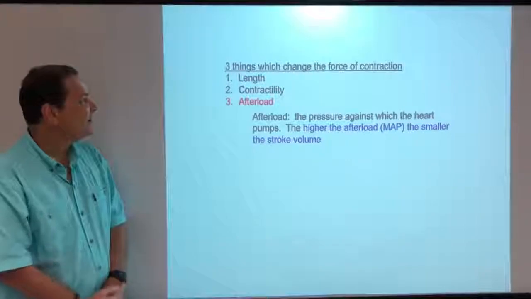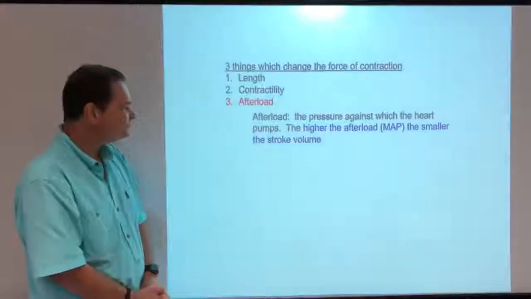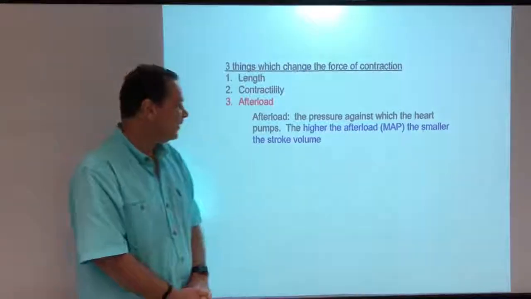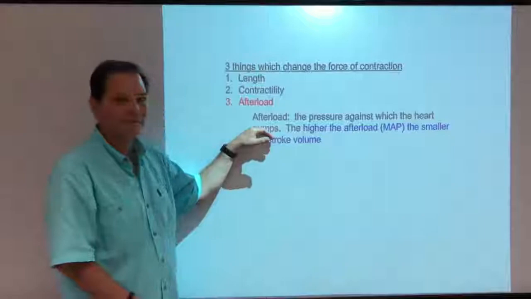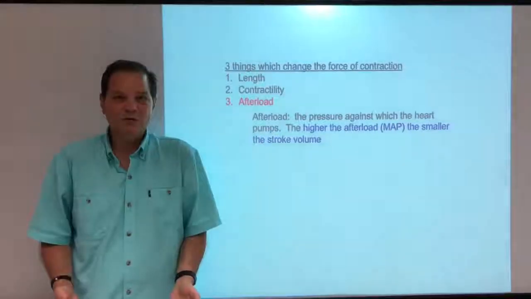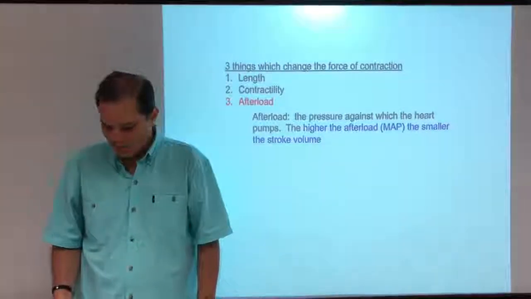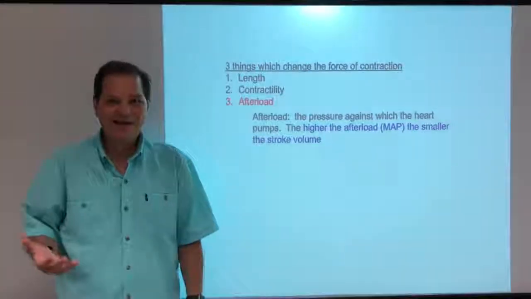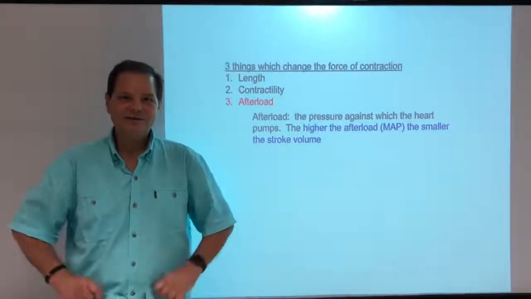The last thing that alters the way that this muscle contracts is afterload. In terms of the way that the heart functions, the afterload is the pressure against which the heart pumps. In terms of the muscle in isolation, it's how much load you put on the muscle. So, if I were to lift something light, let's say my shirt tail or something, that's easy, okay?